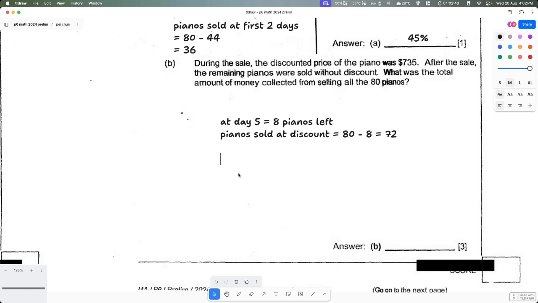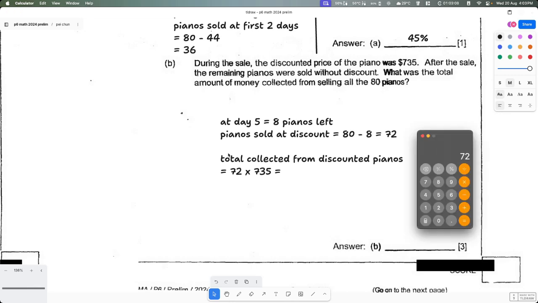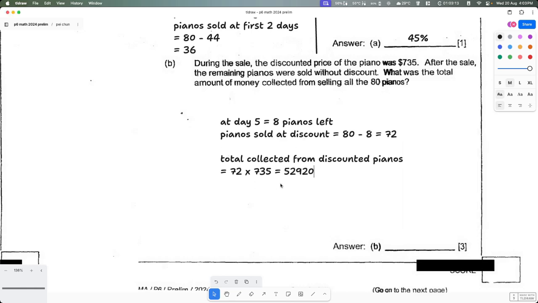So the total collected from discounted pianos is equal to 72 times 735. Use our calculator. 72 times 735 is equal to $52,920. Now we sold the remaining without the discount.